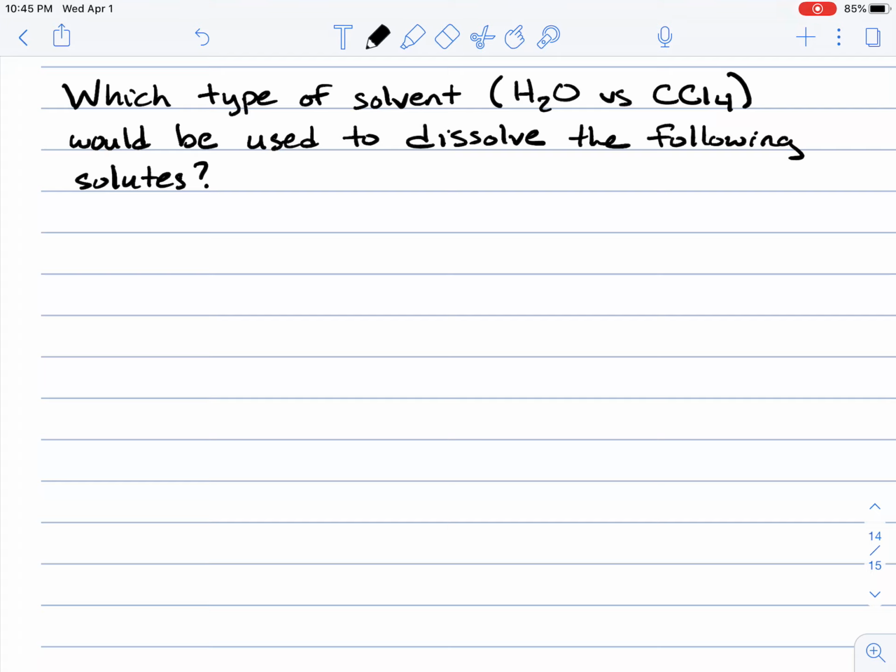And so the first example that we're going to do is PH3. So this is phosphorus trihydride.